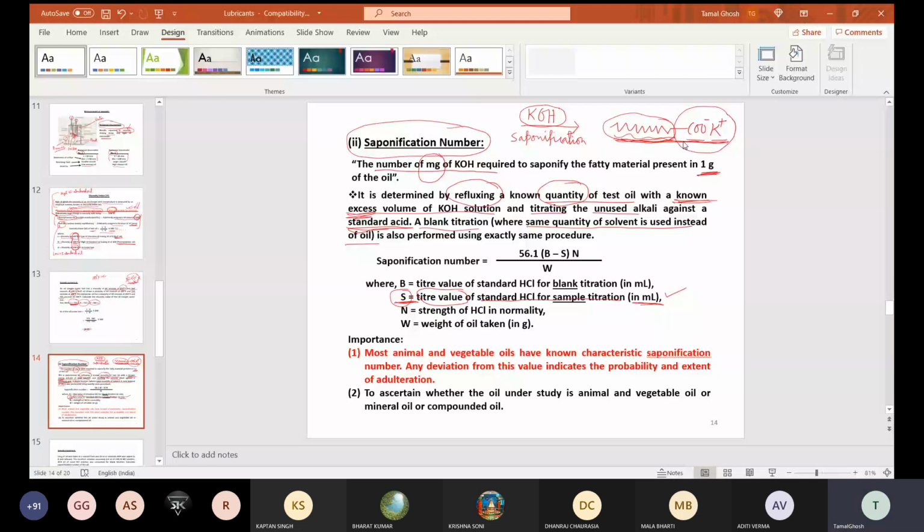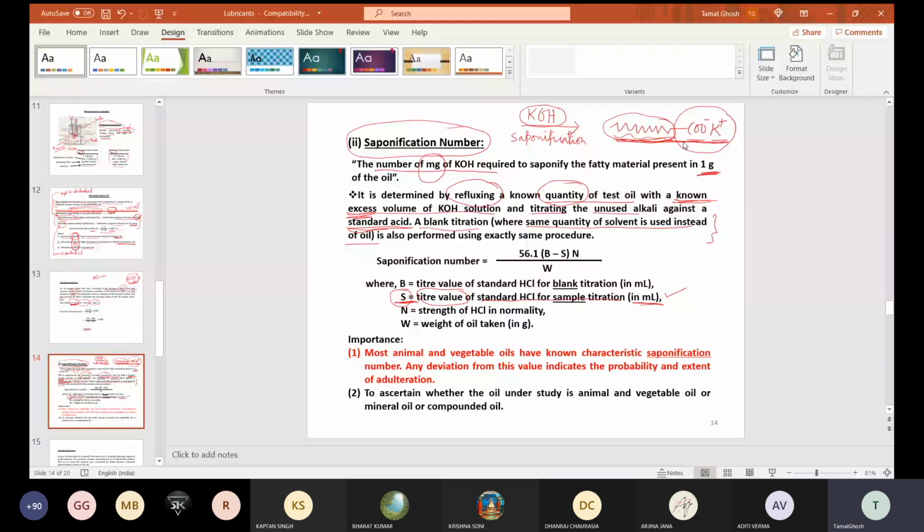Sir, can you explain the term refluxing again? Refluxing is basically when we heat a solution with a condenser kept on it.